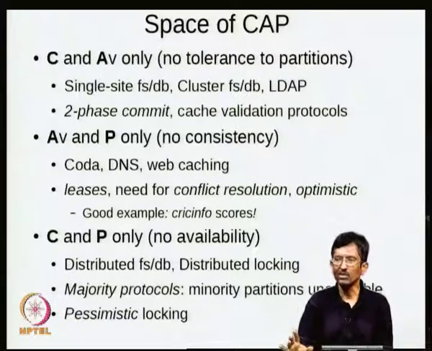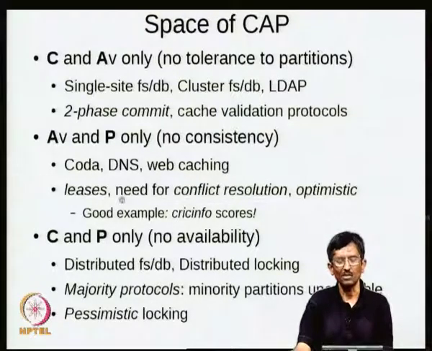But time synchronization itself is not possible to be very accurate, because you cannot do time synchronization to better than a few tens or hundreds of milliseconds accuracy. Therefore, there is still a problem, and that basically means that even if I take a lease, there could be some corner cases where two parties think that they can go ahead and update this thing at the same time.